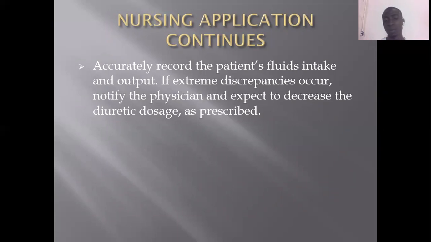This is very important to avoid complications. If an extreme discrepancy occurs, notify the physician and expect to decrease the diuretic dose. So you should monitor the patient's fluid intake and output when giving this drug.